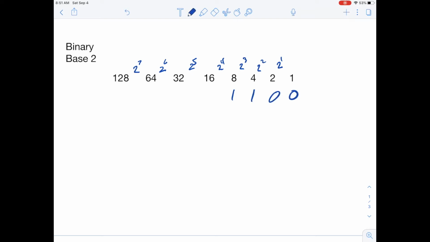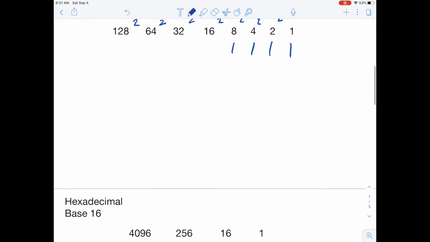Then 12. 13. 14. And 15. So counting with binary. Each place value is base 2, so you move over into the other place values a lot quicker than you would in the denary or the decimal numbers.